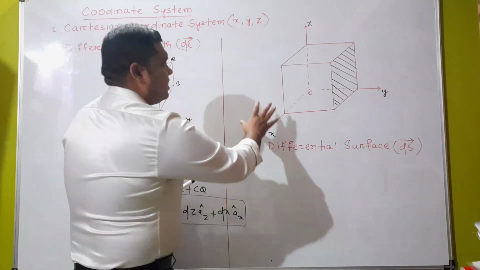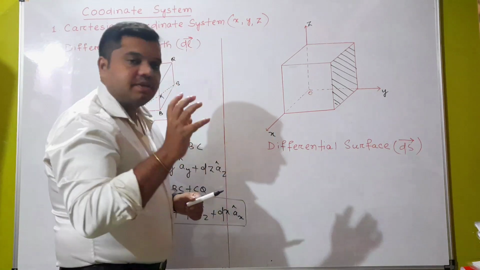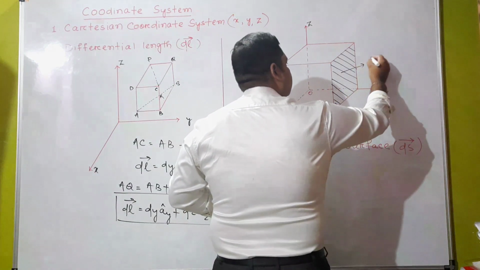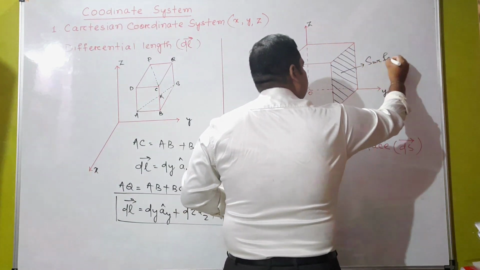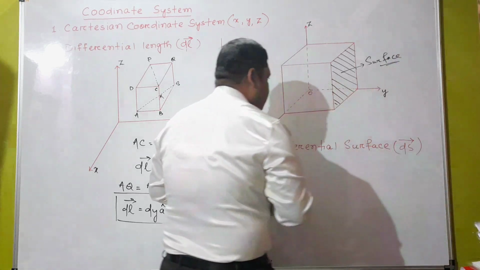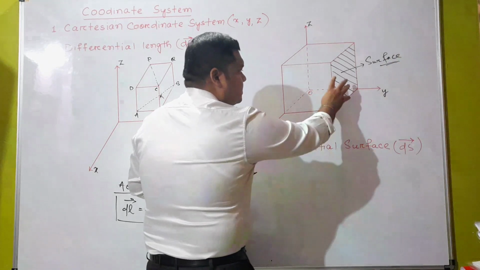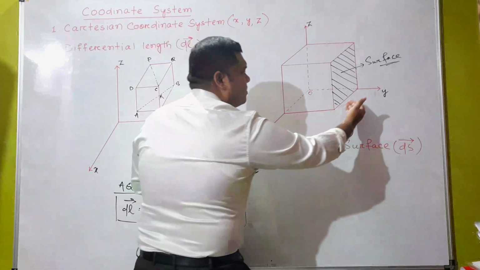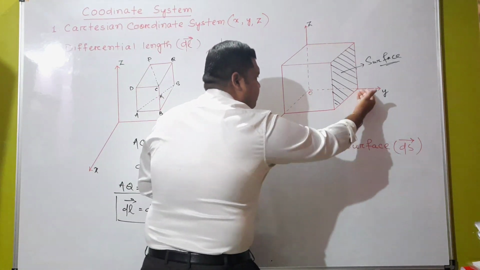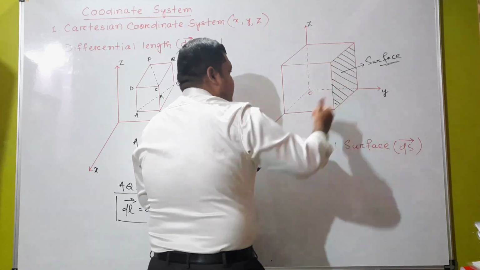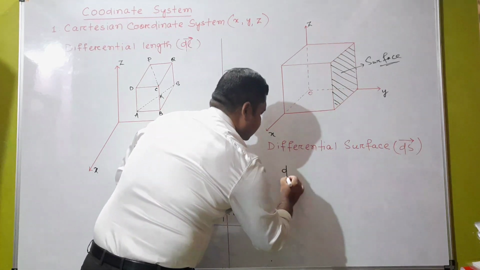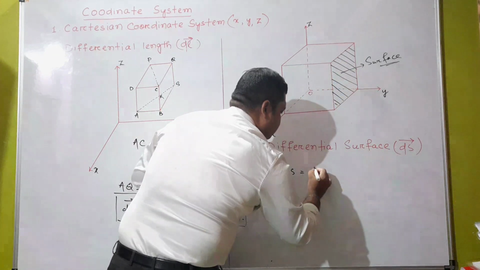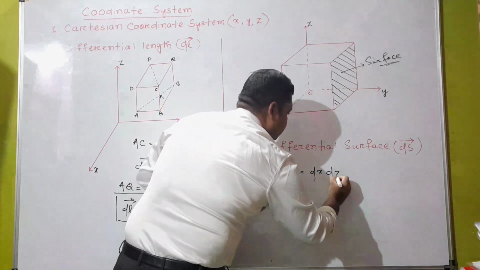Similarly, suppose I calculate the differential surface. How will I calculate it? Now consider this surface. In this surface, what parameters are varying? Here the x parameter and the z parameter are varying. So ds is what? Here the area of the surface is dx into dz.